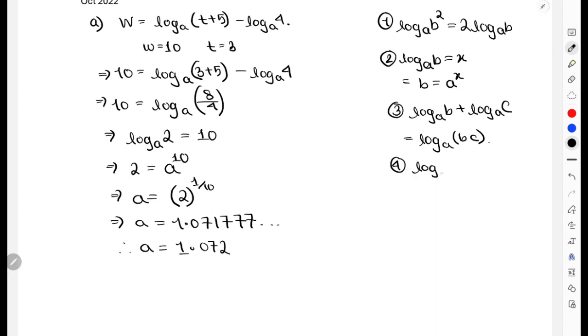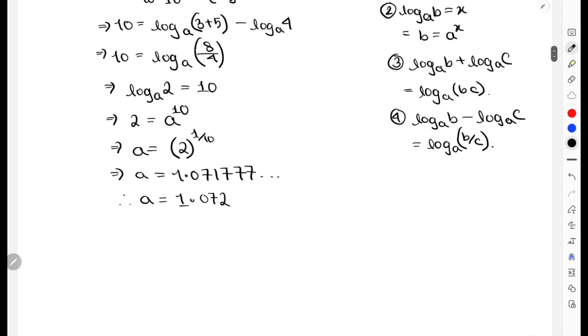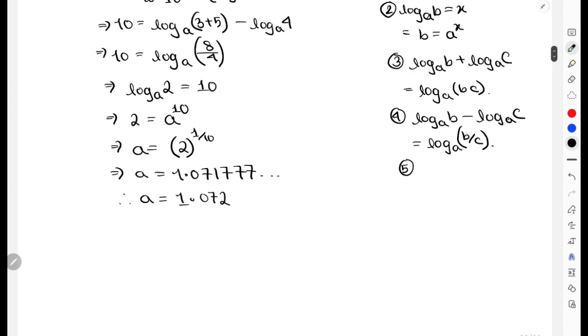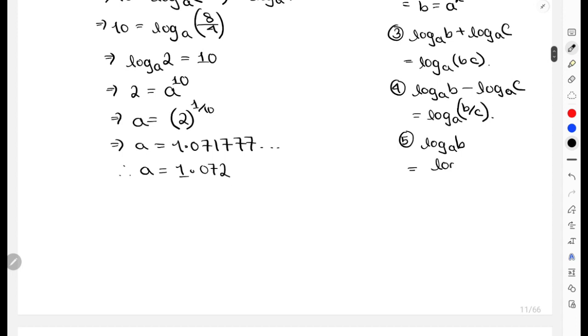Similarly, if you have subtraction in between them, log base A of b minus log base A of c, this indicates log base A of b divided by c, right? My negative over here indicates subtraction. And then again, there are other formulas, like log base A of b can actually be written as log base 10 of b divided by log base 10 of a.